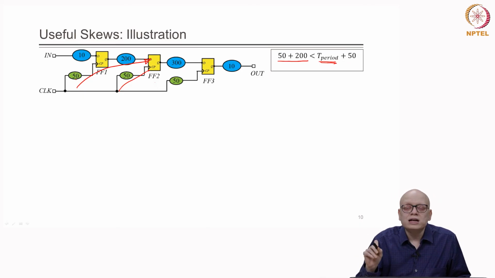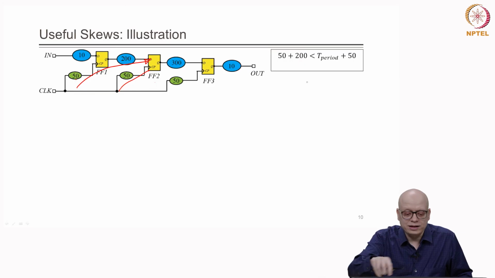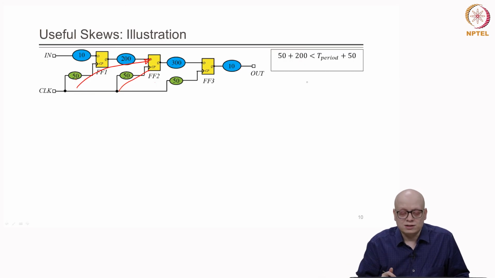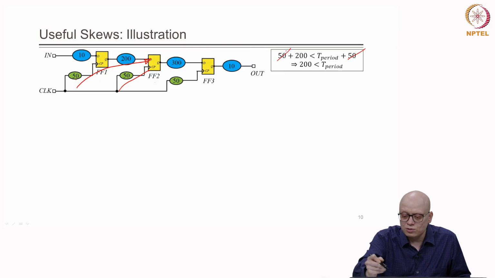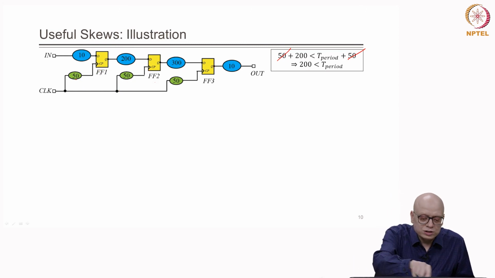We have assumed the clock to Q delay of the flip flop is 0 and also the setup time of FF2 is 0 for ease of analysis, right. So, this is the constraint for the first path. We can cancel this out and say that T period should be greater than 200 picoseconds.